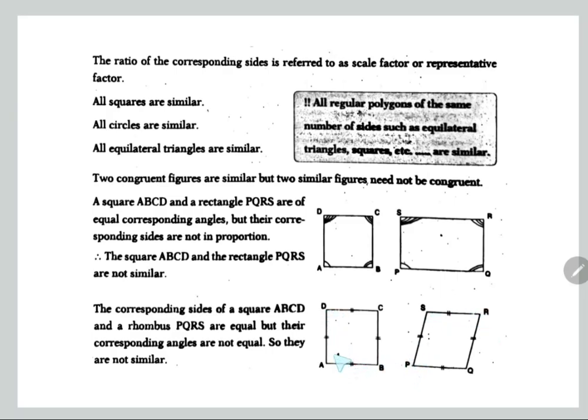The corresponding sides are equal. Here AB equals PQ, BC equals QR, CD equals RS, and AD equals PS. But the angles are not equal. Angle A is not equal to angle P. That's why these both are not similar figures.